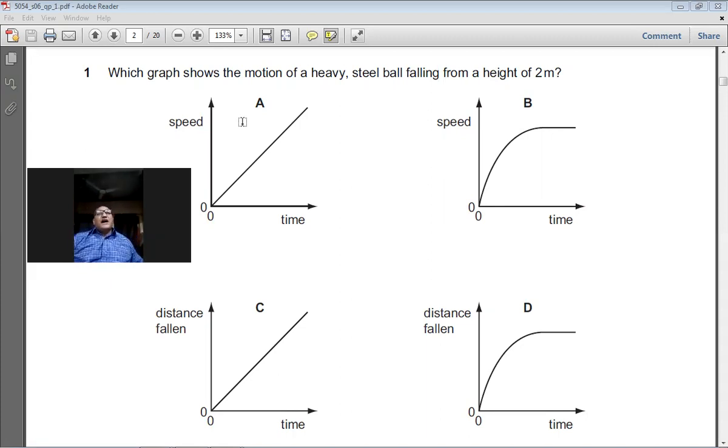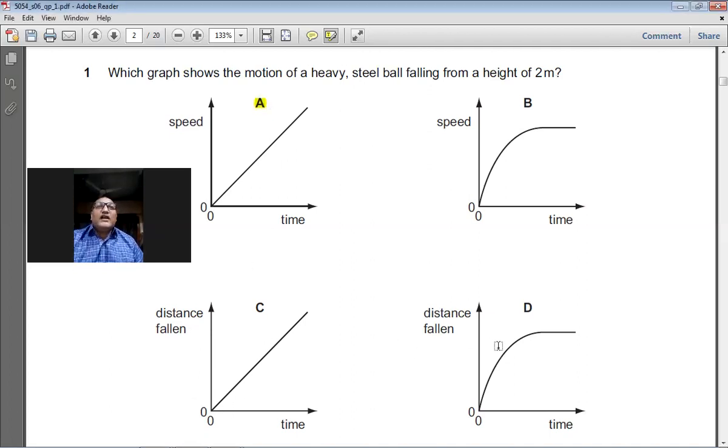So its speed time graph is supposed to be uniformly increasing. The acceleration should be uniform, because the weight is large and the height in which it is traveling is only 2 meters. So it will not be able to achieve the terminal velocity. So I think the graph should be something like this.